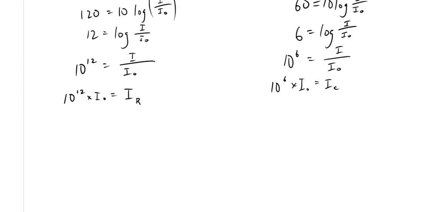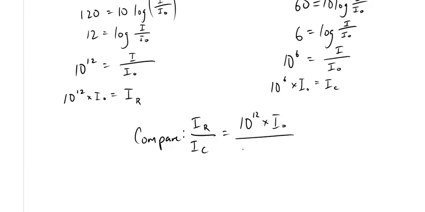So now if we compare these two, that's going to be the intensity of a rock concert, and I'm going to divide it by the intensity of a conversation. It gives me 10 to the 12 times I0 over 10 to the 6 times I0.